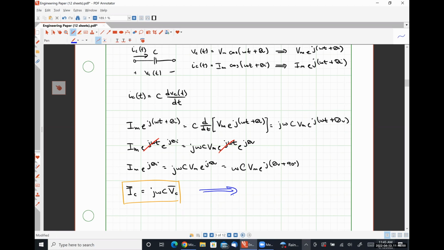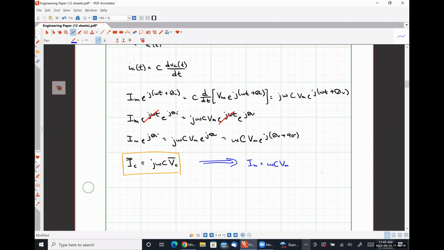Equating the magnitudes on both sides of the equal sign, we have Im is equal to omega C Vm. And equating the phase angles on both sides of the equal sign, we have theta I is equal to theta V plus 90 degrees. And so here are our relationships in the frequency domain for the behavior of a capacitor.